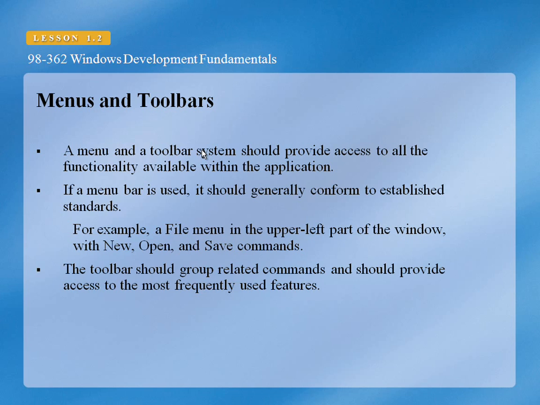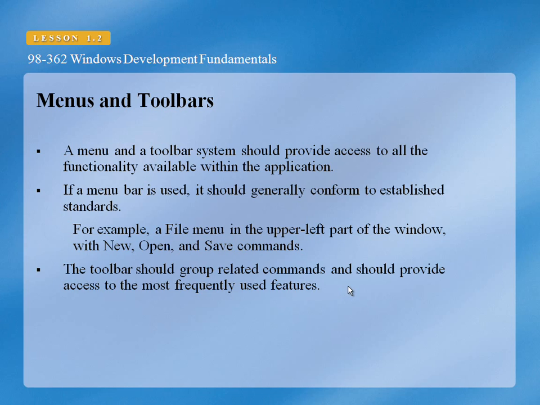For example, the file menu is always kept at the upper left side of the application. A toolbar should group related commands and provide access to the most frequently used features of the application.